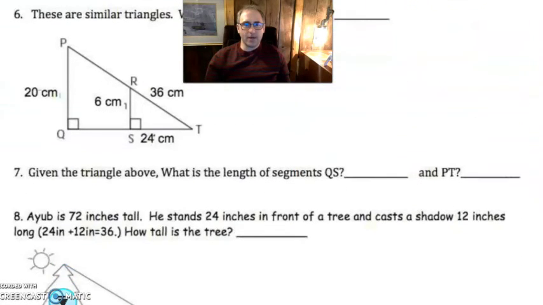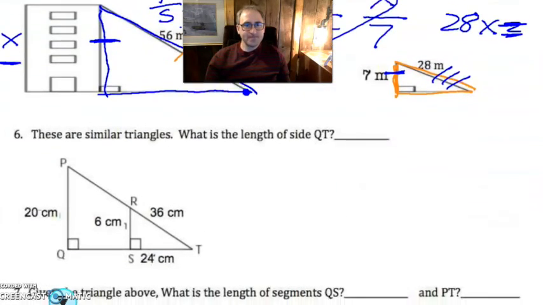One more I want to explain below. On number 6, it looks a little confusing. So what Ms. Hoffman and I do is take this big triangle in blue and recopy it here.